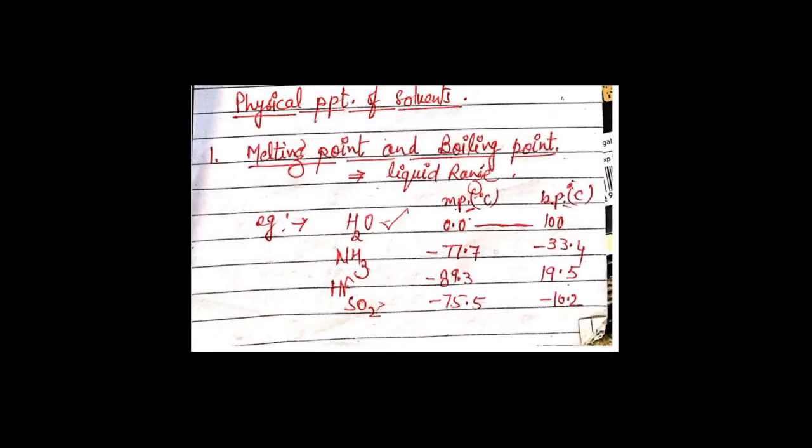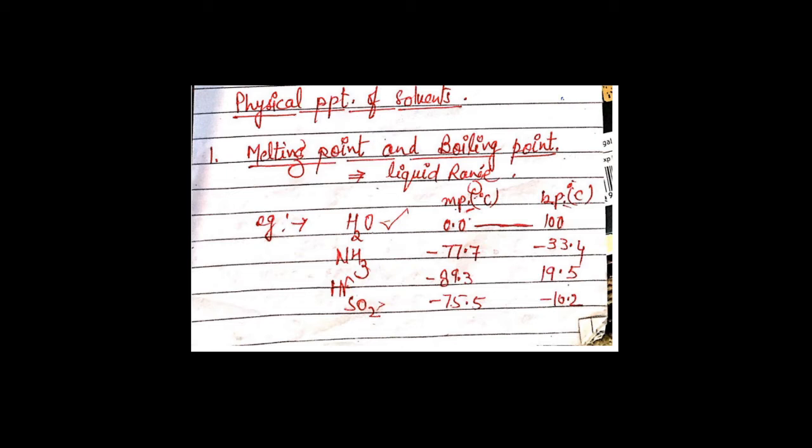Now I am going to discuss physical properties of solvents. The usefulness of a solvent is determined from some specific properties that may help to carry out the chemical reactions and separate the product more conveniently. Some of the important physical properties of solvents are: the first one is melting and boiling point, also called liquid range.